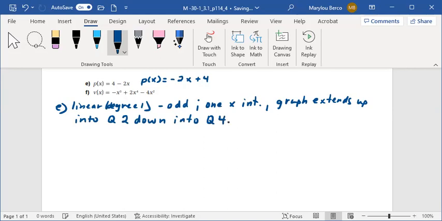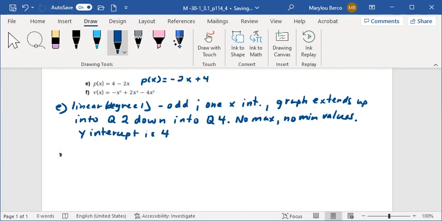There is no max or min value. And the y-intercept is 4.